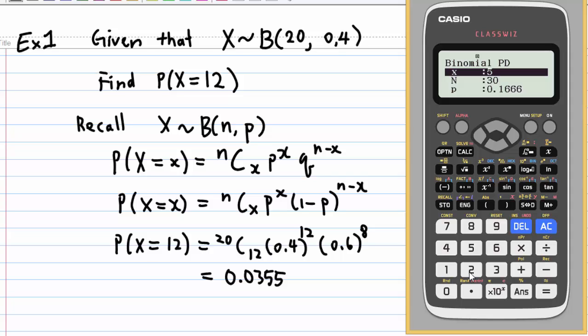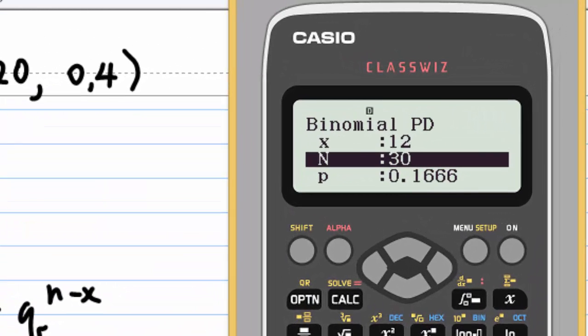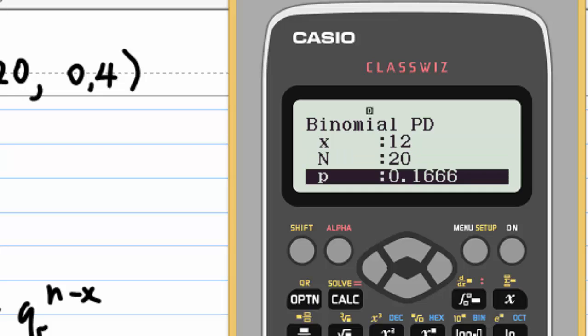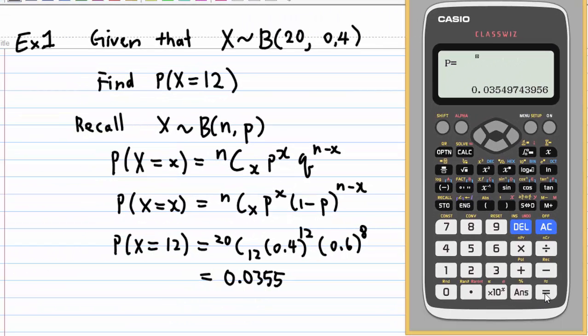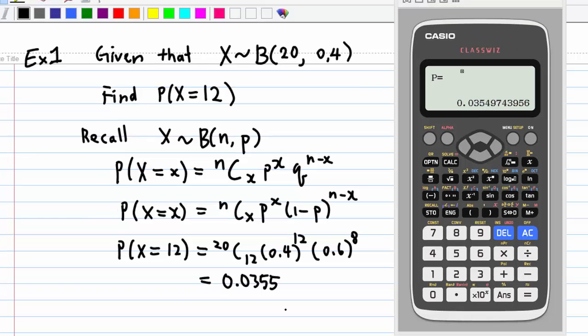Okay, so x, we are computing 12. The number of trials N is 20, and the probability is 0.4. Then press equal again. The probability is 0.03549. This is how we get the probability of X equal to 12 as 0.0355.